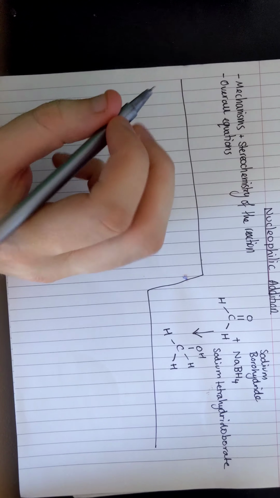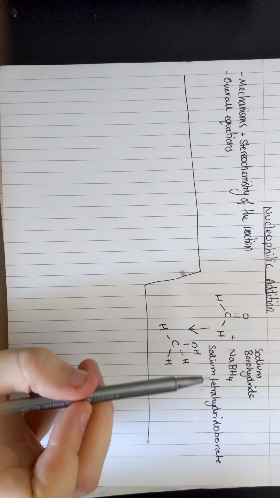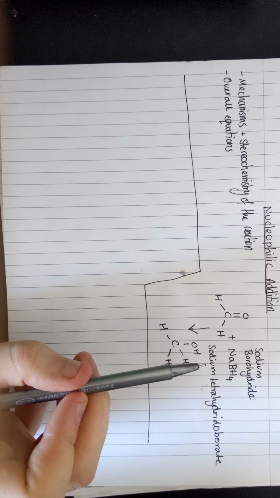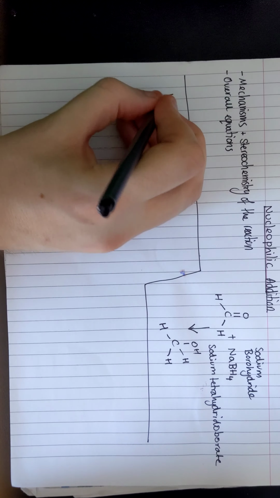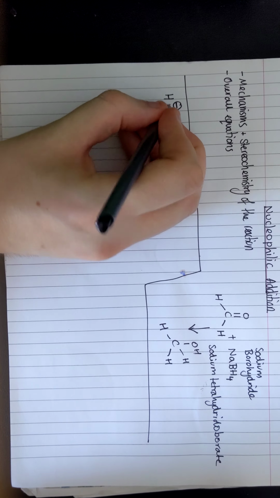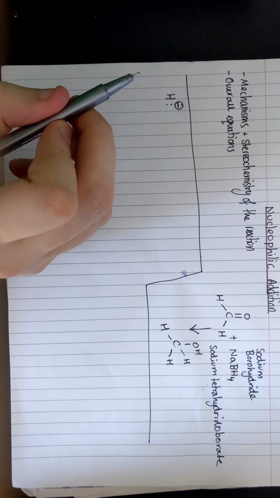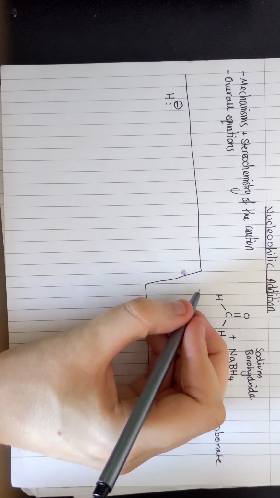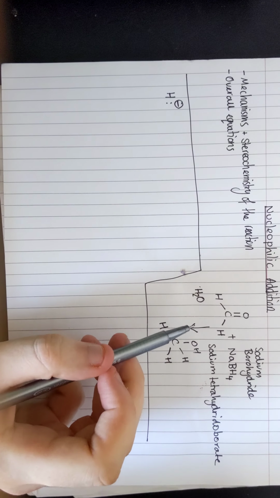The first thing to note is that we're not going to actually represent NaBH4 as NaBH4 in the mechanism. We're going to represent NaBH4 as an H- ion, or a hydride ion. Now this is not present in the solution. This reaction is done in water as a solvent.